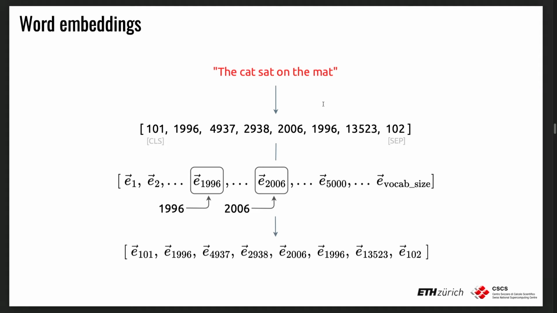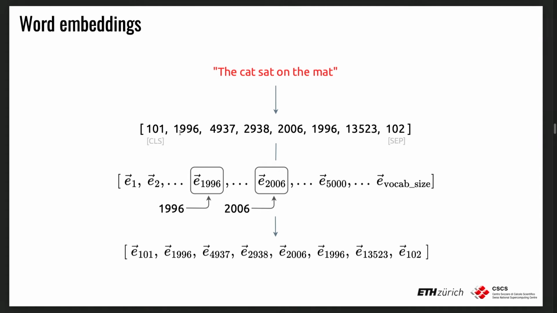How it works is, you have the sentence from the text, you use a tokenizer, and you get a representation in tokens, as numbers. Now you have an embedding table, and this embedding table is part of the model. This is just a matrix of vocabulary size, one vector for each of the tokens, by the dimension of the embedding vectors.